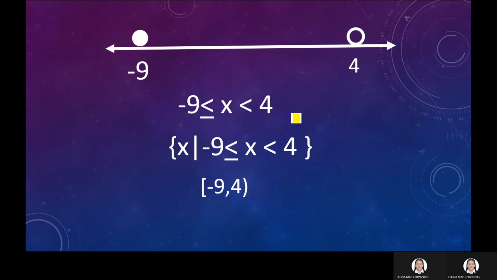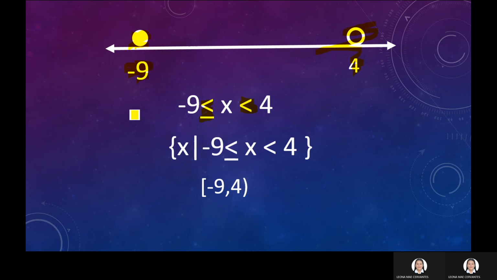Okay, next, let's have another example. Sorry, we have negative 9 shaded or included, and positive 4 not shaded or not included. Since negative 9 is shaded or included, we will put an underline or equal. For positive 4, which is not shaded or not included, we will not put an underline or equal.